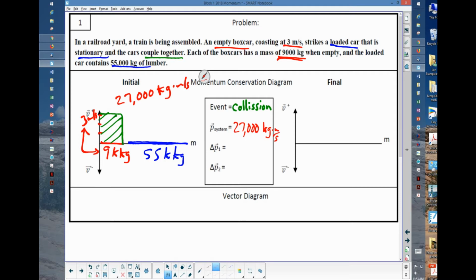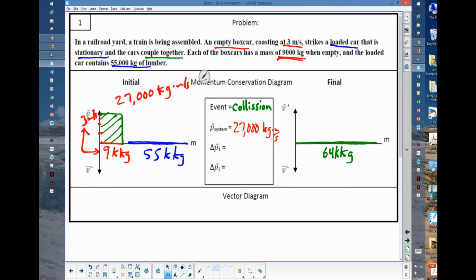Okay, we've got our initial conditions defined on the left. Now we're going to go over here on the right side. The entire system now has a mass of 9 plus 55, which is 64,000 kilograms.